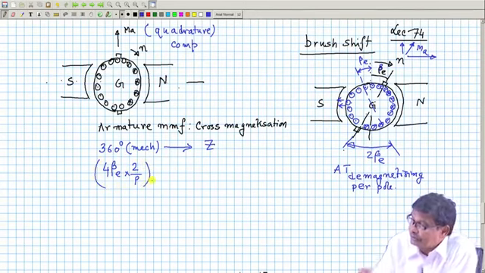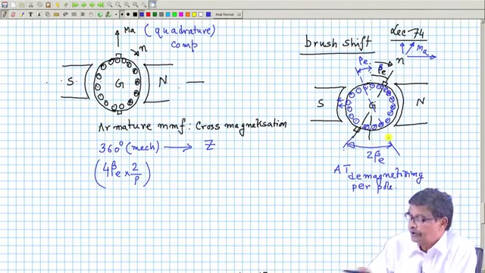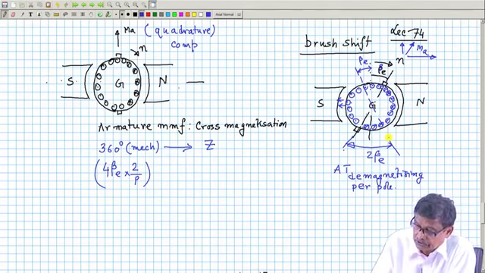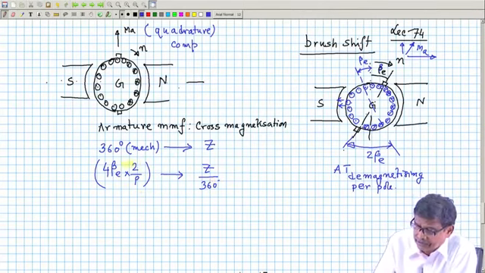How 4 beta E comes in? How many conductors will produce demagnetizing ampere turns per pole? My goal is to calculate that. It will be then Z by 360 degree. This is also in degree.